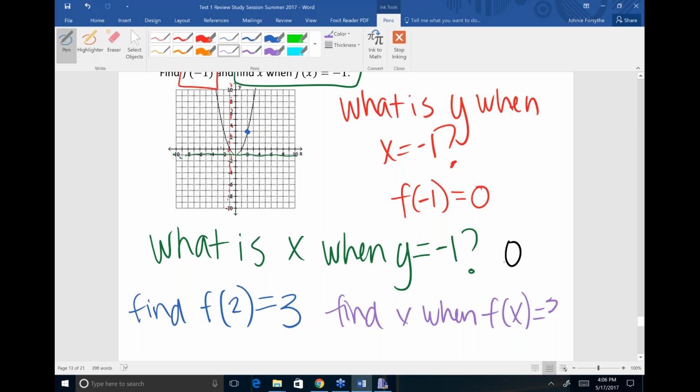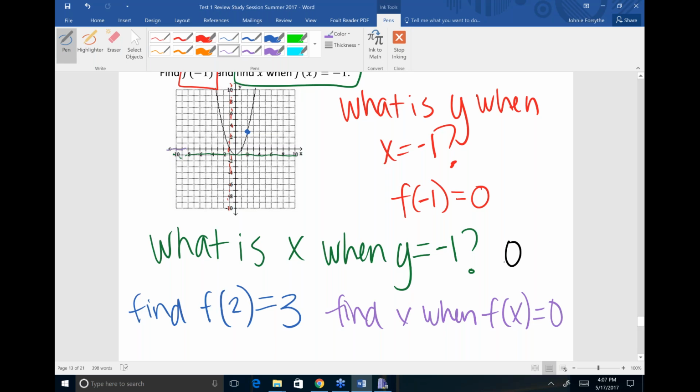When f of x equals 0. We'll do that. So that means that what is my x when y is 0? So you would go to the y-axis, y at 0.